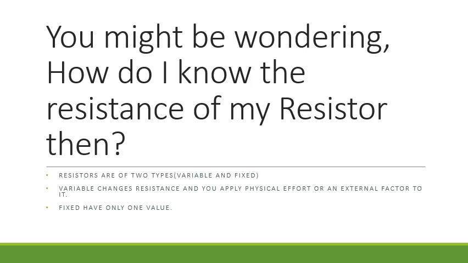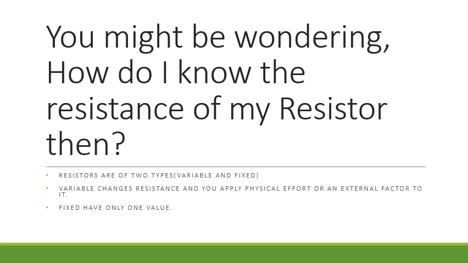As the name implies, the variable resistor changes resistance as you apply physical effort or an external factor to it. For instance, your LDR, light dependent resistor, is a variable resistor. As the amount of light falling on it changes, the resistance changes. But a fixed resistor, on the other hand, has only one value. It has a fixed value, so it cannot change.